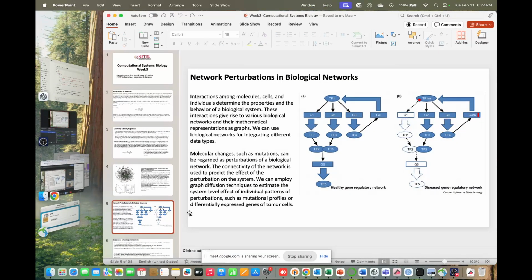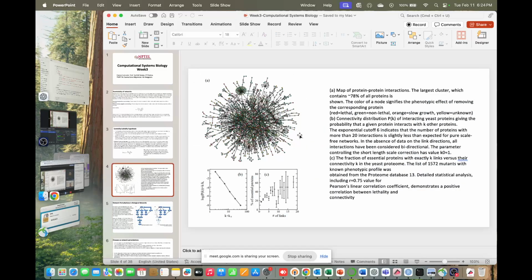Can you see my screen? Yes, I can see you now. You can see the networks, these two examples? Yes, now I can see that. So you missed this slide.